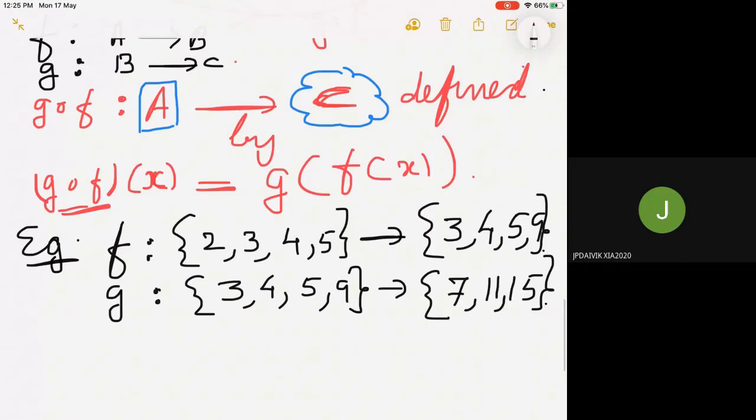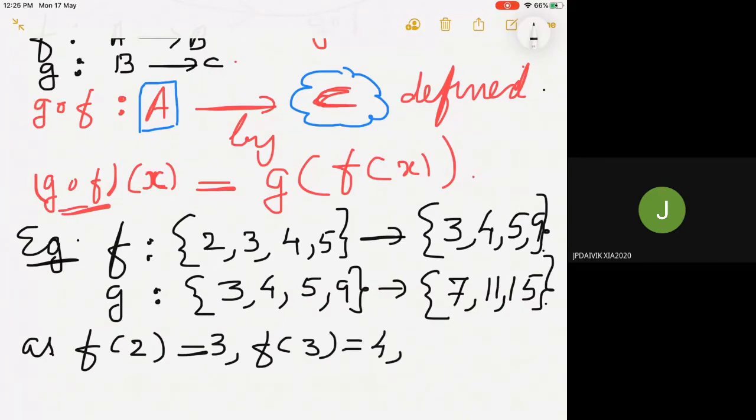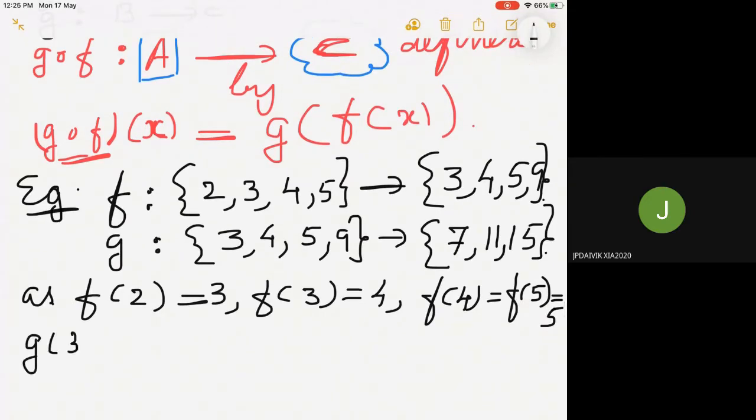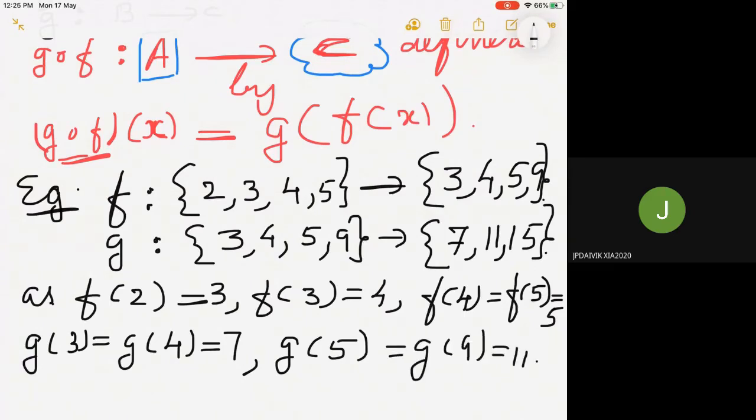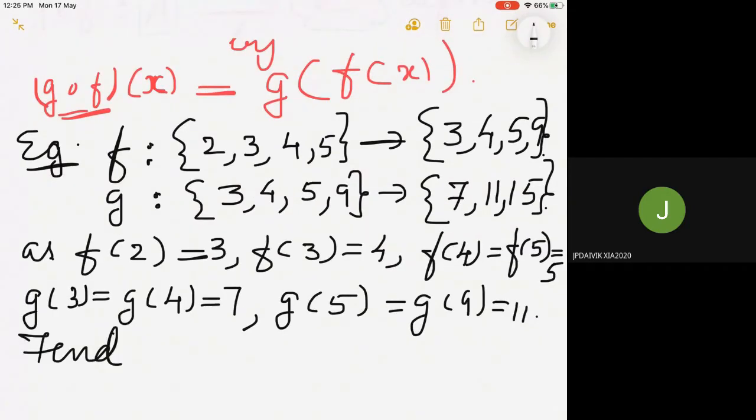The functions are defined as f(2) equal to 3, f(3) equal to 4, f(4) equal to f(5) equal to 5, and g(3) equal to g(4) equal to 7, and g(5) equal to g(9) equal to 11. Find g o f.